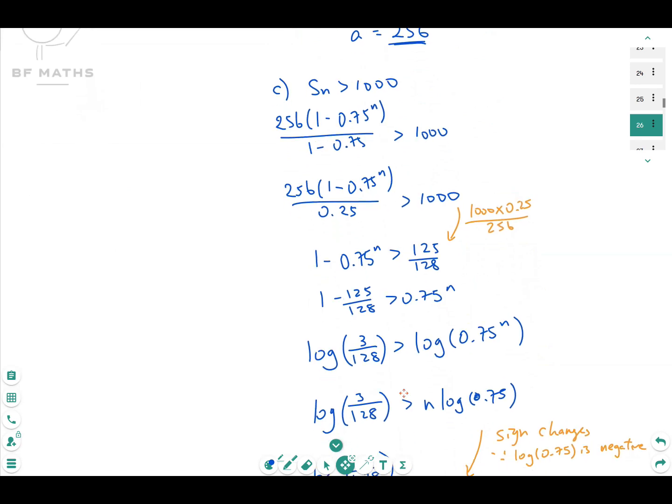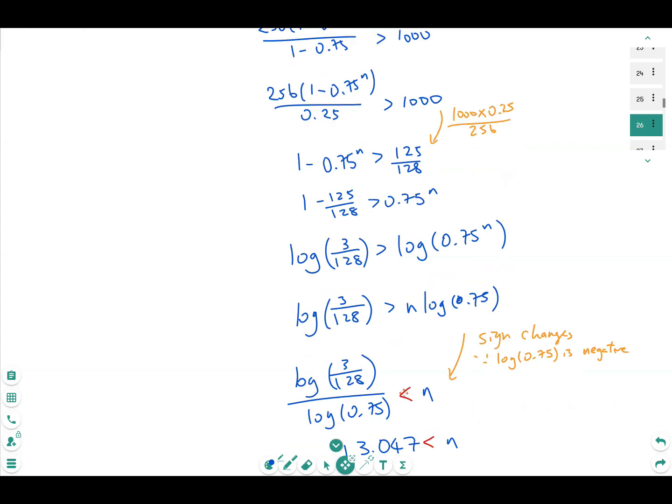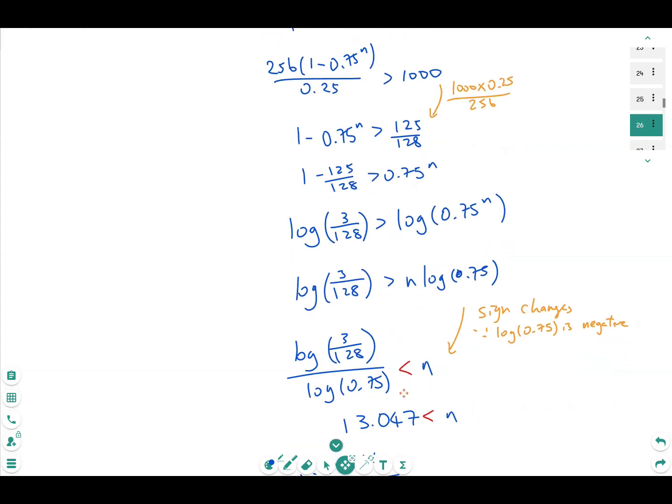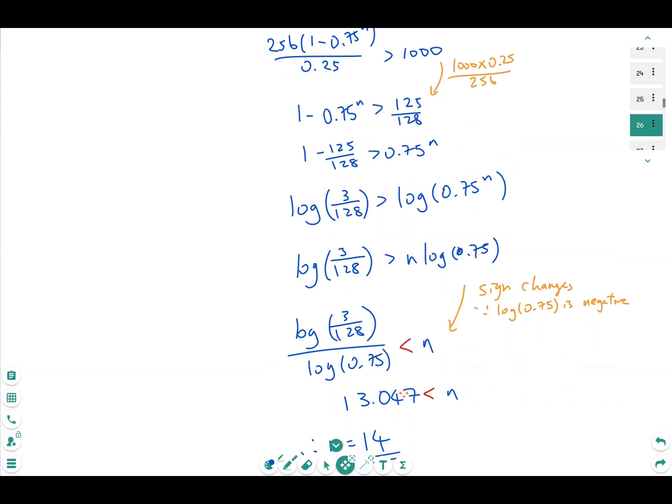Then my next step, I swap around the terms, so my n is on one side and numbers on the other. I see n in the power, so we log both sides. But here comes the issue. When I divide by log 0.75, some of you might know that when you log a number that's less than 1, you get a negative answer.